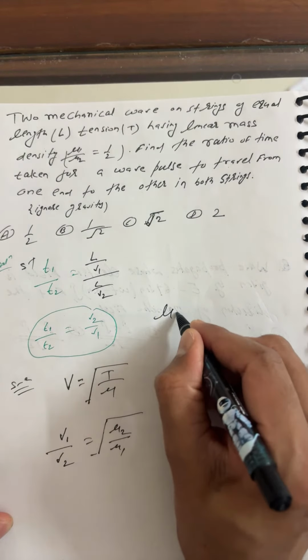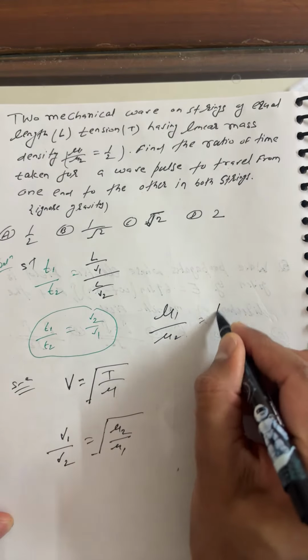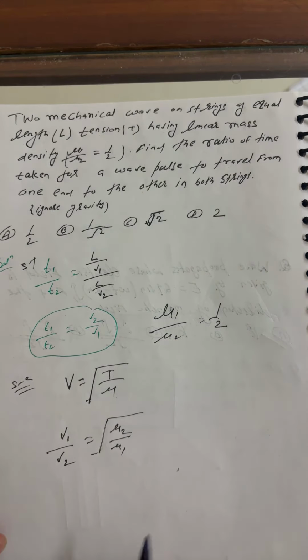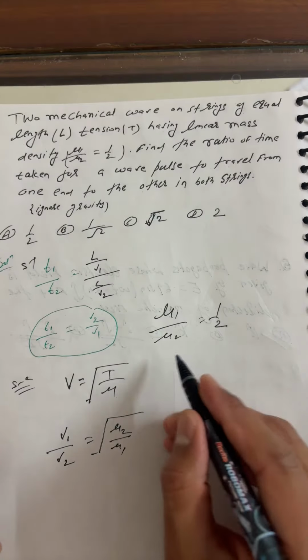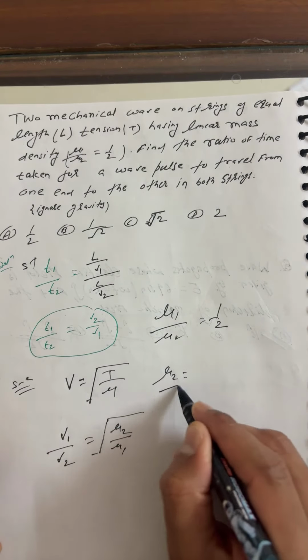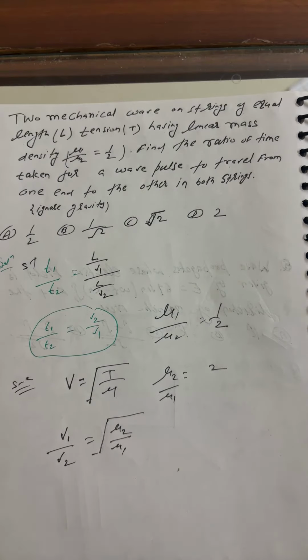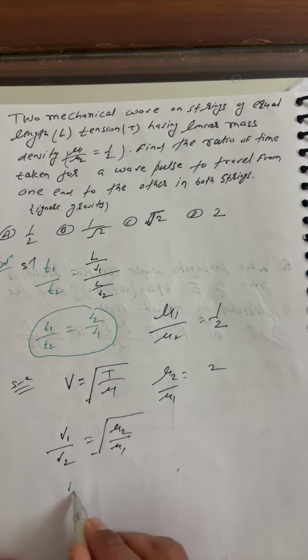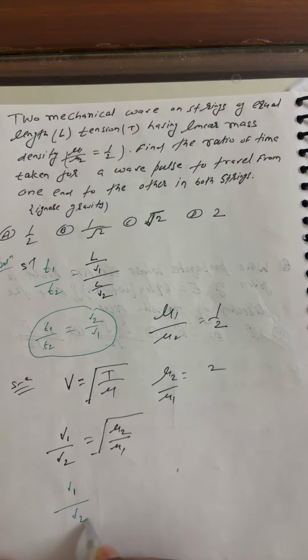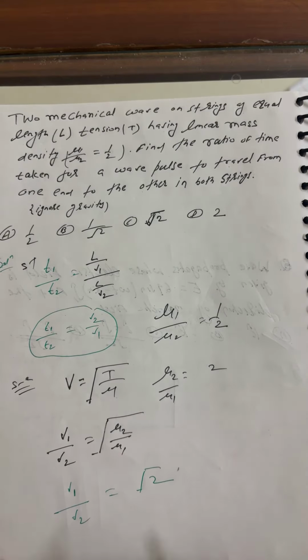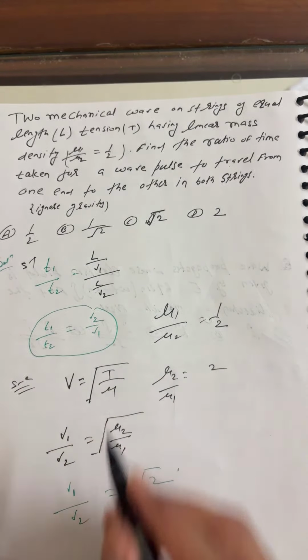In the question, mu1 by mu2 is 1 by 2, so mu2 by mu1 is 2 only.